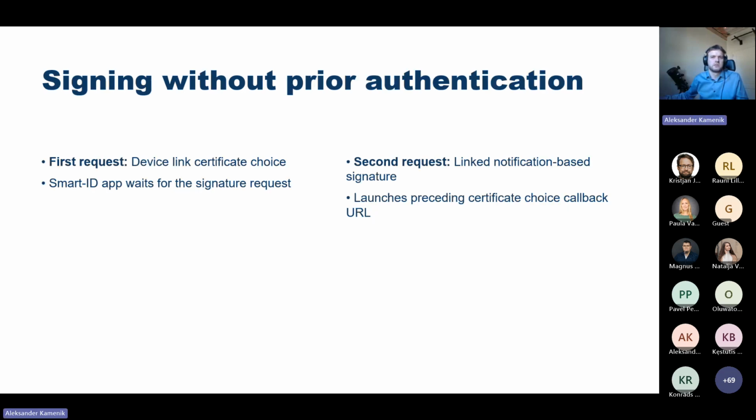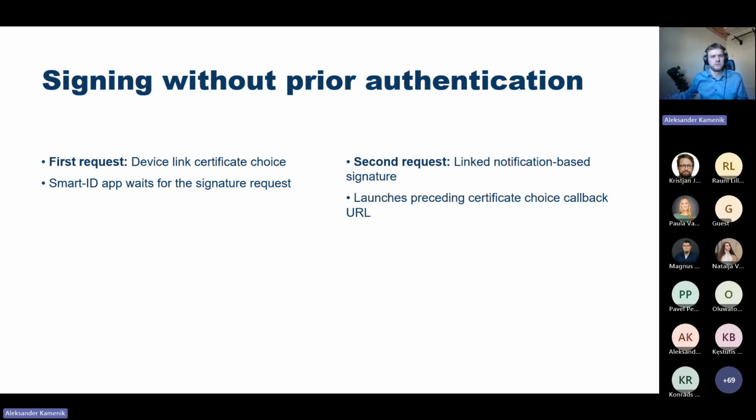So this probably doesn't concern most of you, but just as a note, if your use case is such that you don't do authentication and you do signing only, so you don't know who the user is when you need to sign, and because you're creating an electronic signature, you need the certificate first, there is a flow which consists of 2 requests, just like now, where there is a certificate choice request and then a signing request.